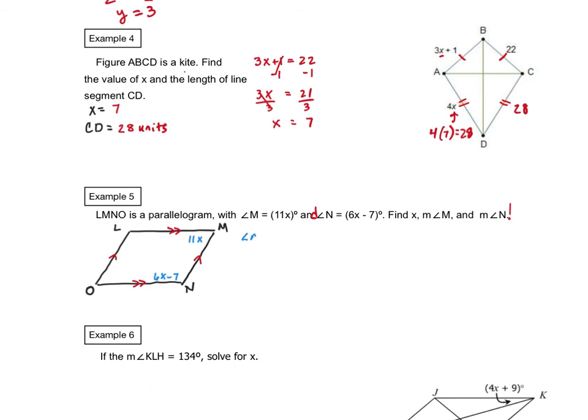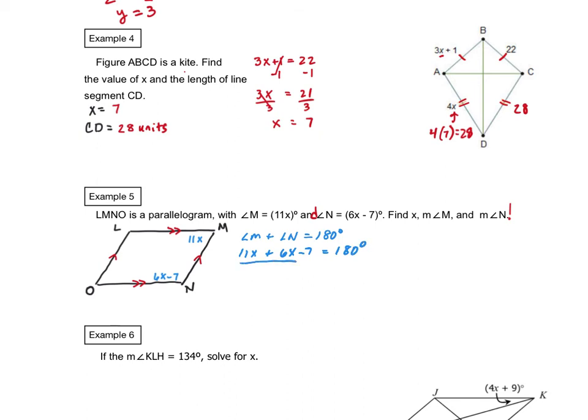So angle M plus angle N is equal to 180 degrees. If I do some substitution, I can probably find the value of x. So I would have 11x plus 6x minus 7 equals 180 degrees.